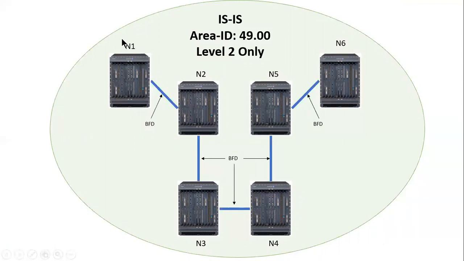So for us to ensure that our dynamic routing is working properly, we have to source traffic using the N1 system address, and we need that traffic to be able to reach N6. And likewise, traffic sourced from N6 with its own system address needs to be able to reach N1, which we'll do now.